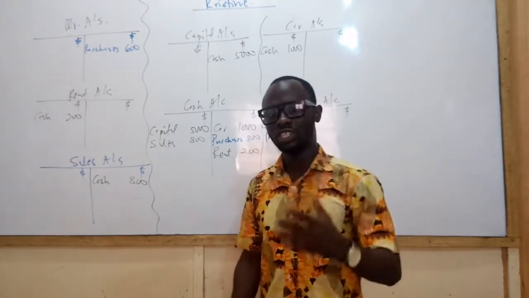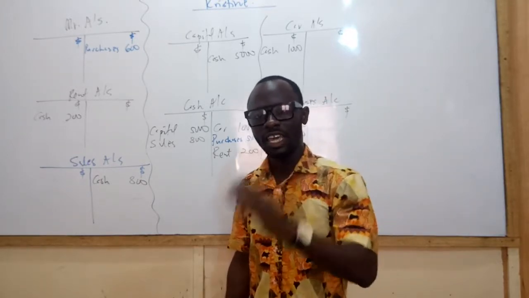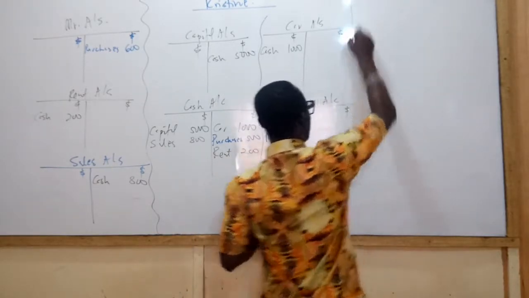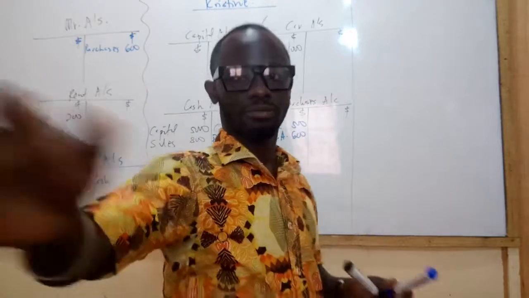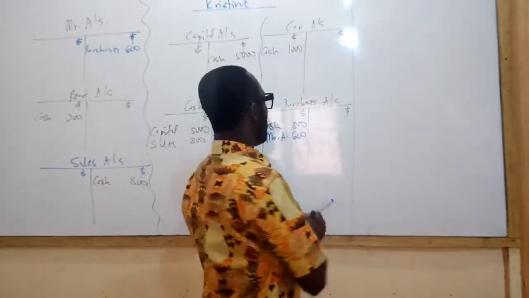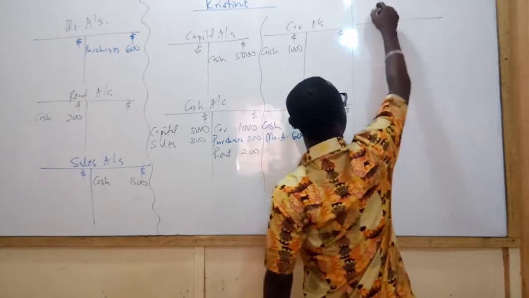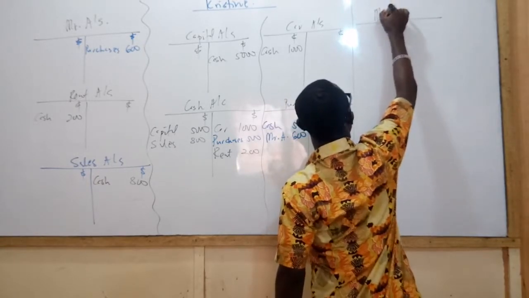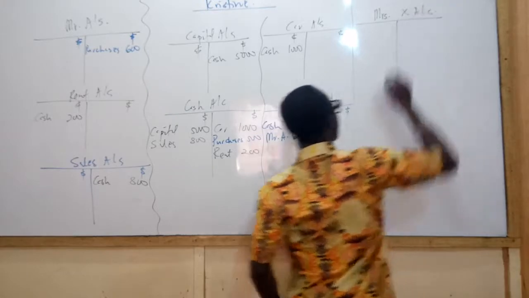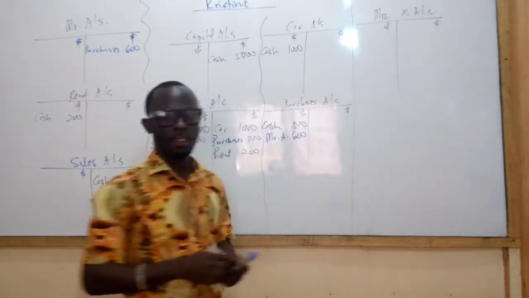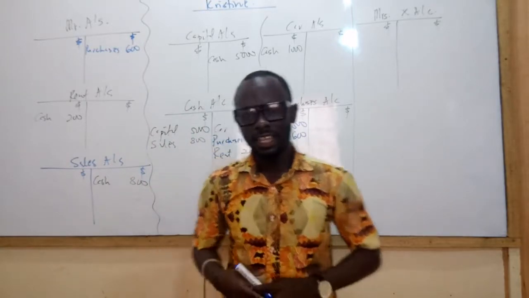And as I mentioned, all debtors keep what balance? A debit balance. So we continue from here and we will open Mrs. X's account. So what do we do? Debtors keep a debit balance.